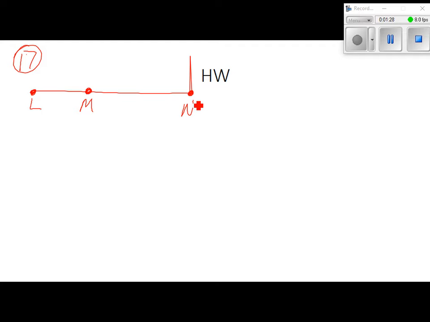Segment LM, from here to there, is x squared. MN, from here to here, is x squared plus 9x. The whole thing from L to N is 56. Now everybody gets confused on this because it's got the squares in it.